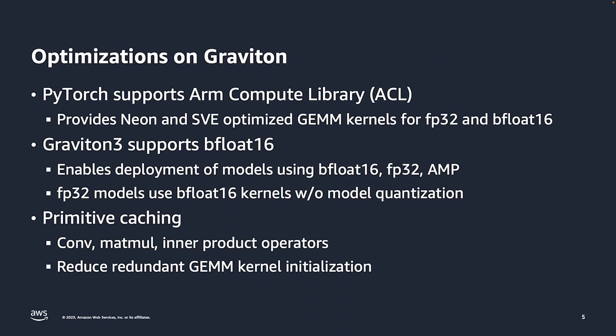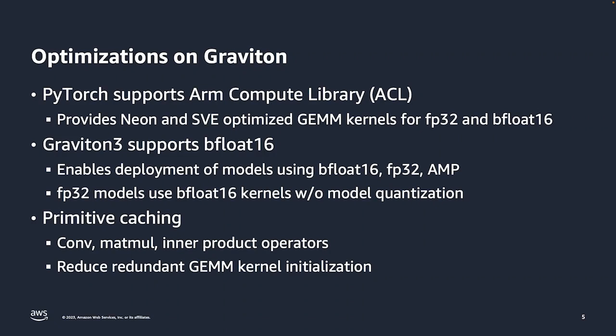That allows it to be 2 times faster in performance compared to existing FP32 models that do not leverage that feature. And you can also use bfloat16 kernels with FP32 models without model quantization as well, while also getting performance increase, which is really nice.